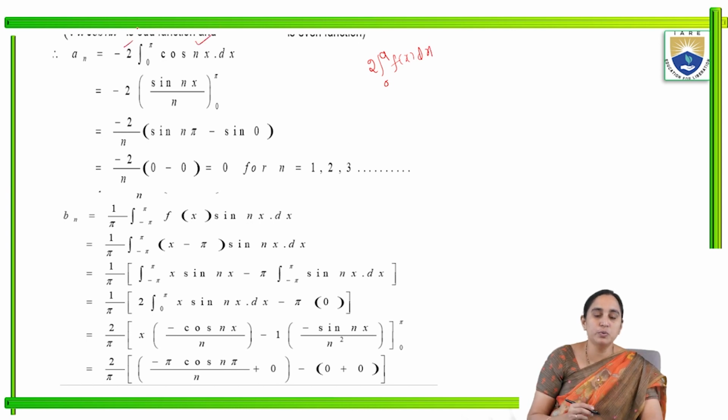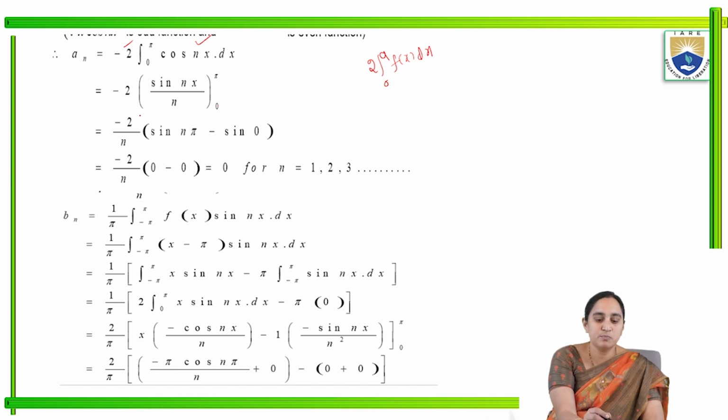Here, 2 times the integral from 0 to pi of cos nx dx. The integration of cos nx is sin nx by n, with limits 0 to pi. Substituting the upper limit, that is 2 by n into sin n pi minus sin 0.